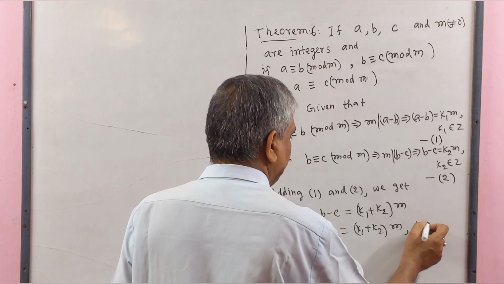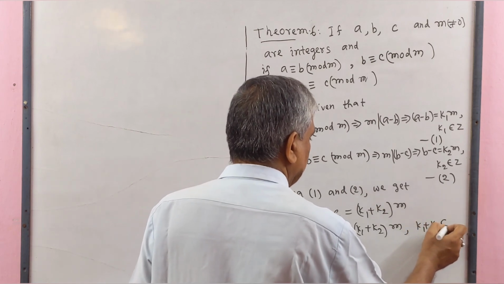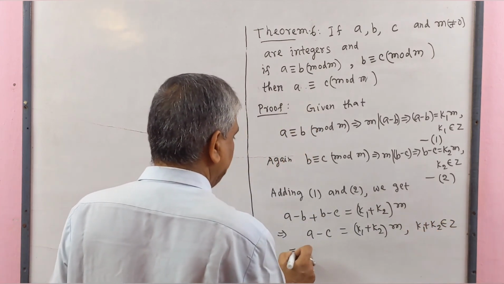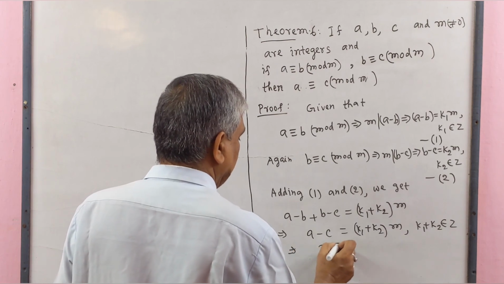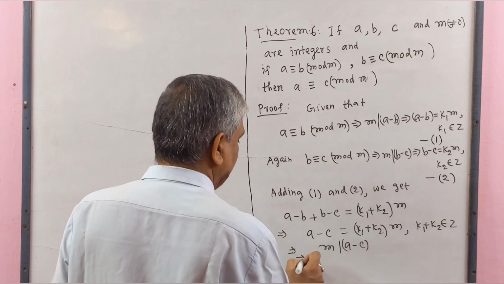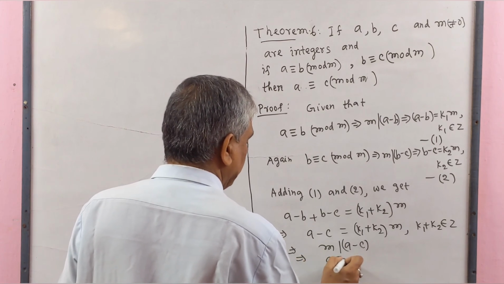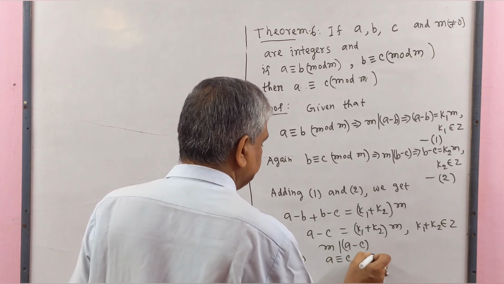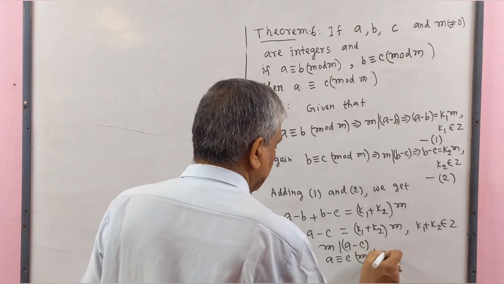Since k1 plus k2 is an integer, m divides a minus c, which implies that a is congruent to c modulo m. Proved.